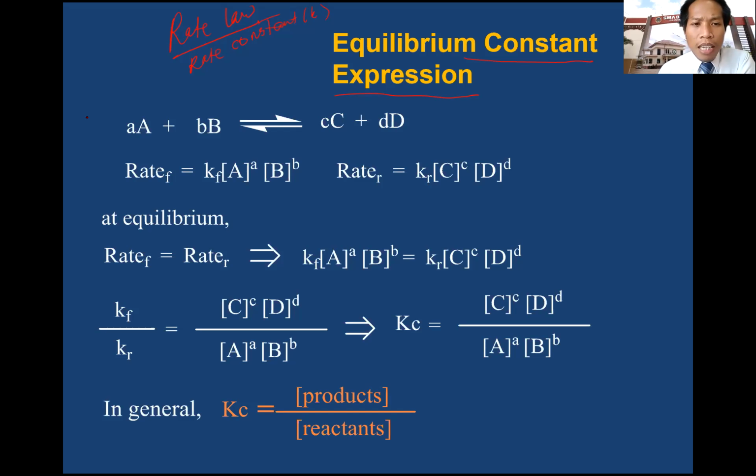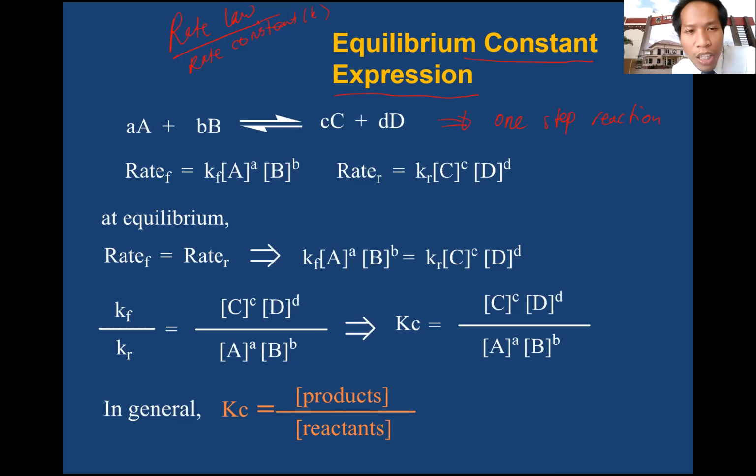For example, if I have a reaction like this, aA plus bB equilibrium cC plus dD, with coefficients small a, small b, small c, small d. Please imagine that this reaction is a one-step reaction. What does it mean, one-step reaction? No mechanism in the reaction.